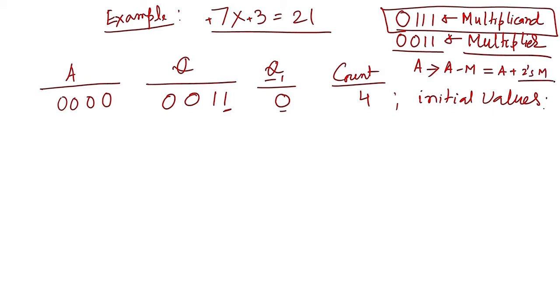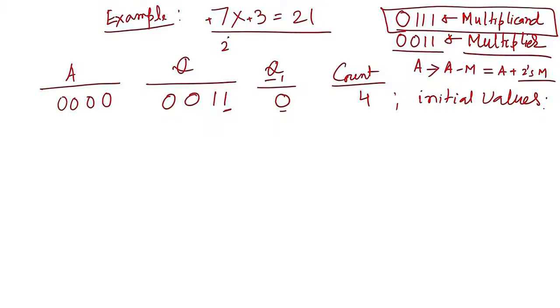So, therefore, what do we do? We will find the 2's complement of the multiplicand. What is the 2's complement of m? We have 0 1 1, so the 2's complement is 1 0 0 1.